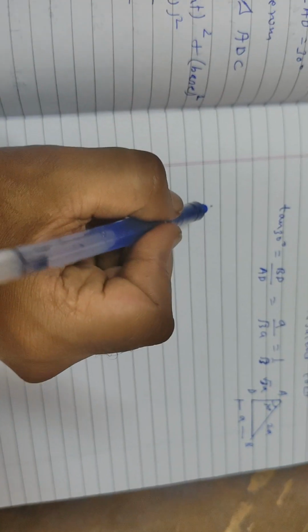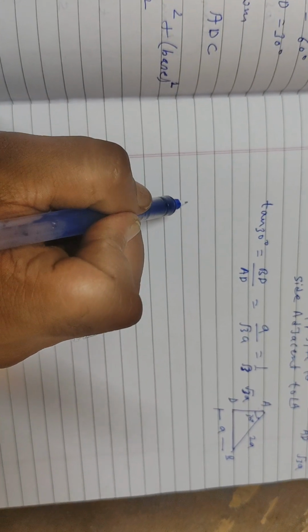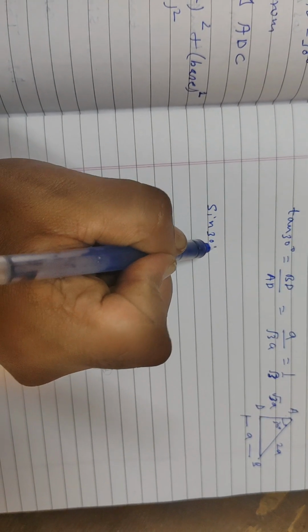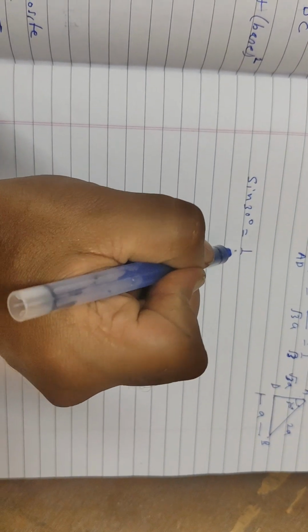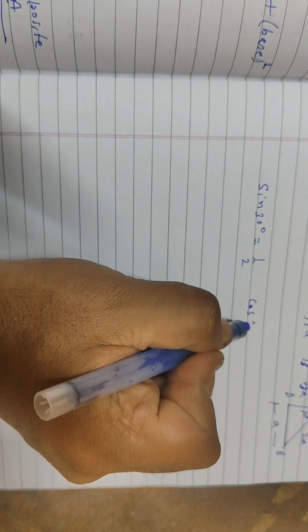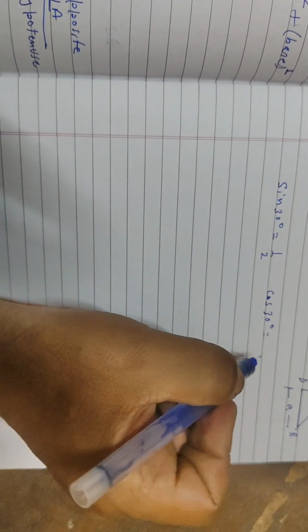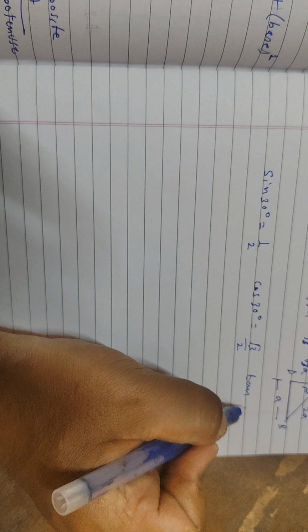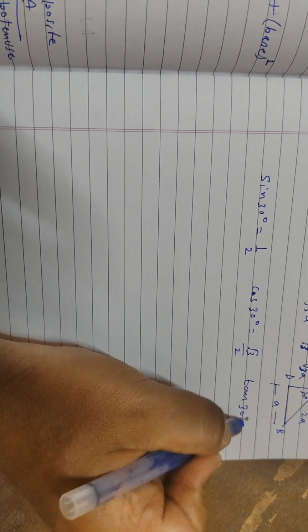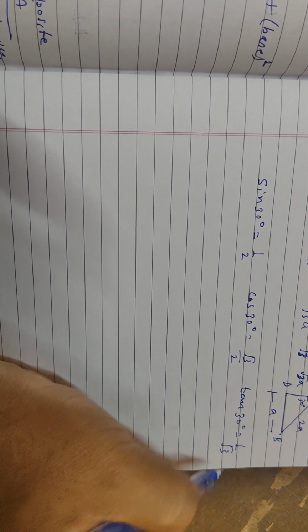So we see sin 30 is equal to 1 by 2, cos 30 is equal to root 3 by 2 and tan 30 is equal to 1 by root 3.